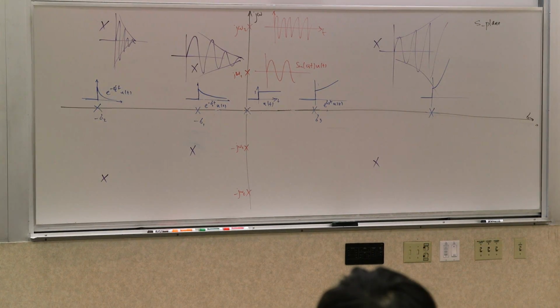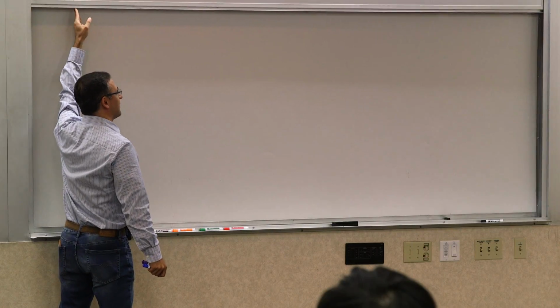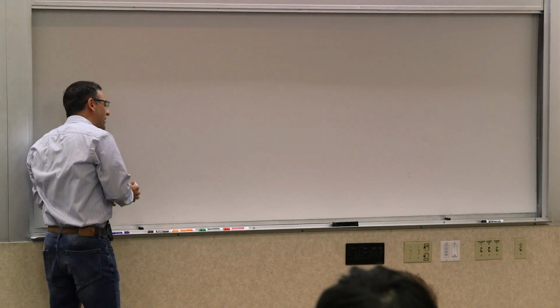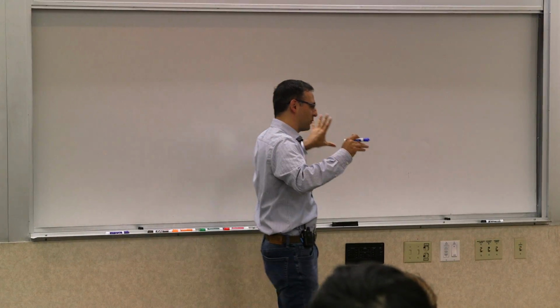Okay, so now we're going to do a simple aside. We'll talk about it later, but this is just a simple thing. This is completely different from that apparently, but it will come in.